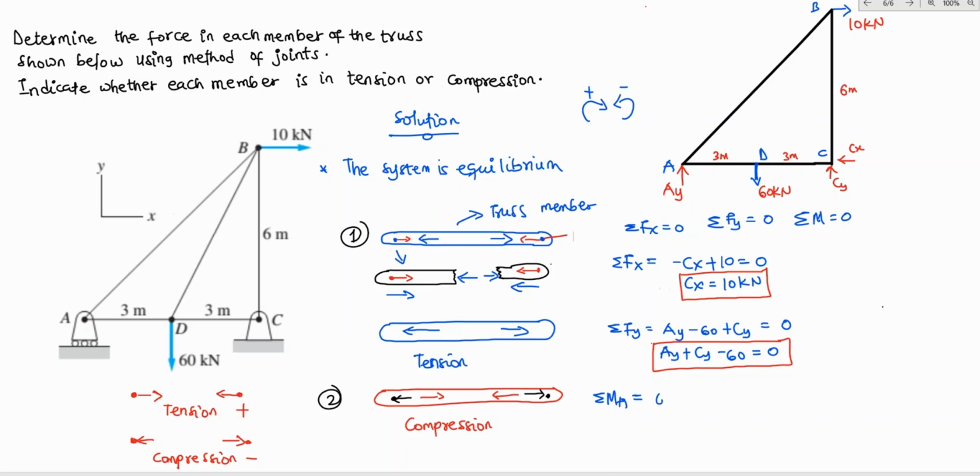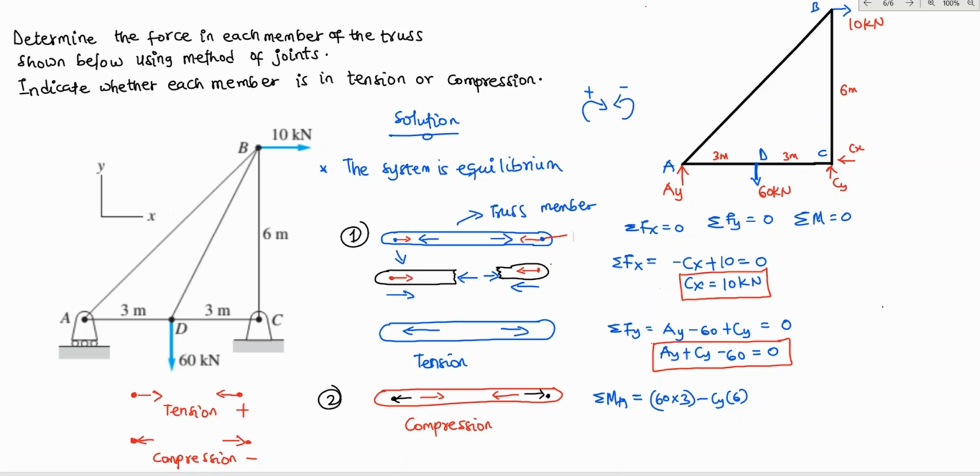So we are going to have 60 times 3, plus, considering CY, that will cause a counterclockwise moment. So we are going to have minus CY, and its perpendicular distance will be 3 plus 3, which gives us 6. CX also is acting directly on point A, so it will not cause any moment. Its moment will be 0.